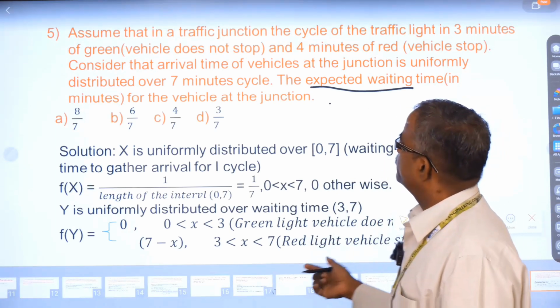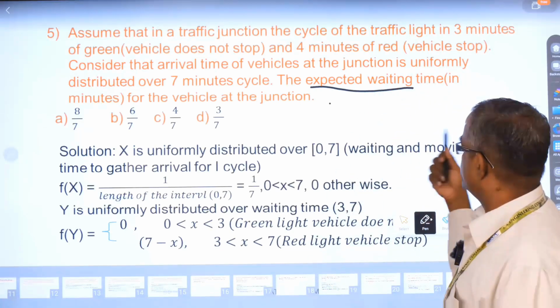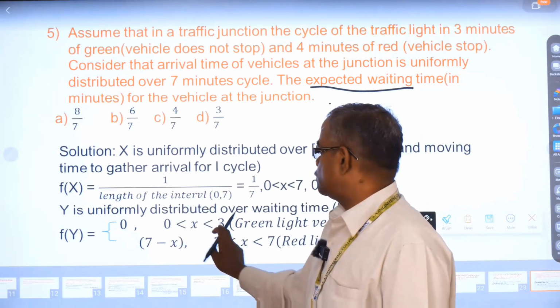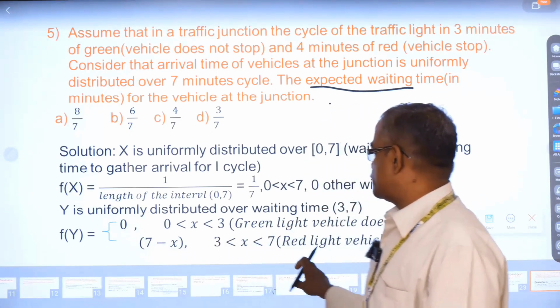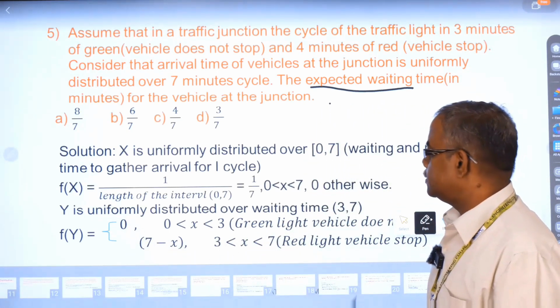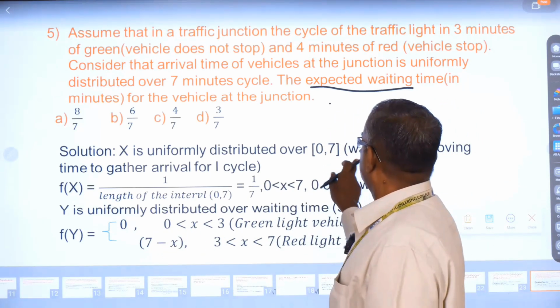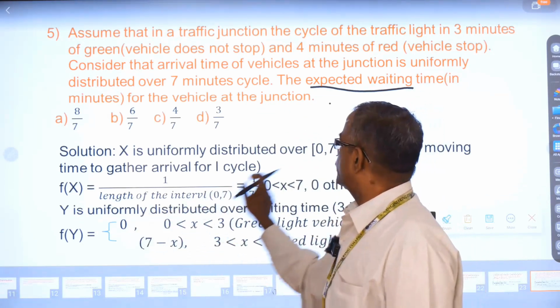So what is the waiting time? Only the last 4 minutes are the waiting time, because that is where the red signal is. That's why this function is defined as 0 for 0 to 3. The vehicles have no need to wait, that's why it's 0. If it is 3 to 7, red lights are there, the vehicles must wait. That function is 7 minus x. Here they asked to find the expected waiting time only. This is the important one.